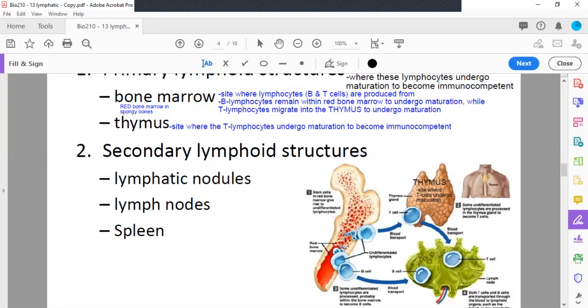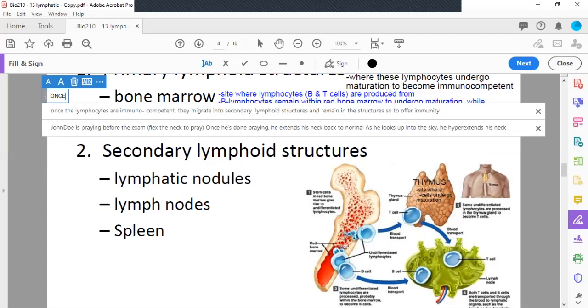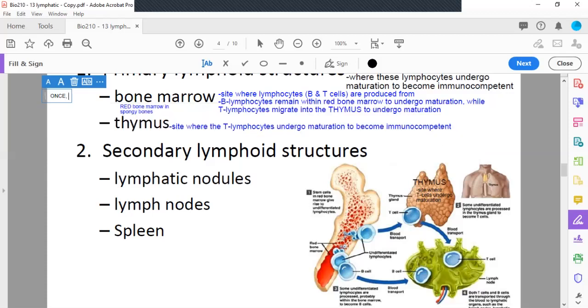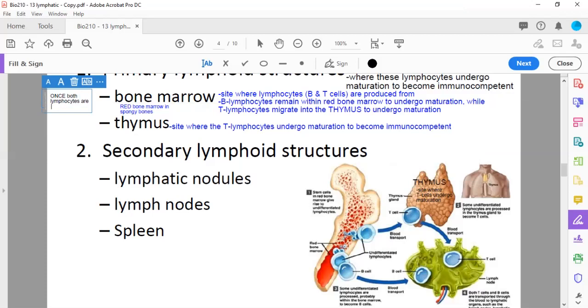The second statement I want to make is going to be on the left side, a bold statement. Once both lymphocytes are immunocompetent, they migrate.